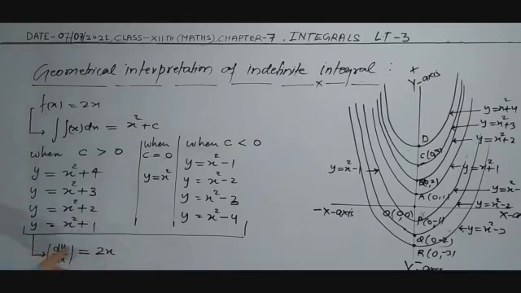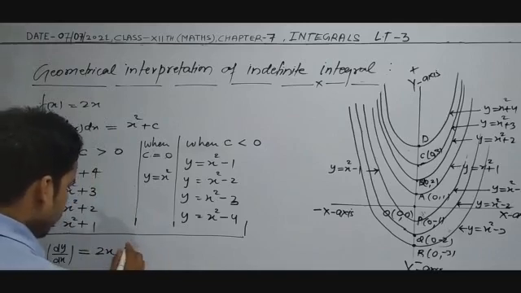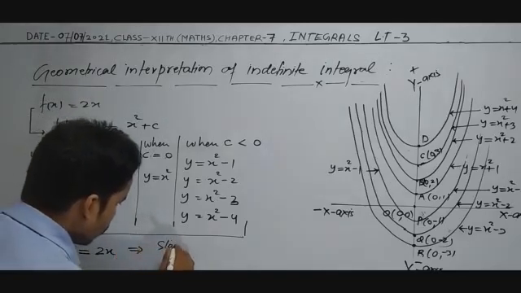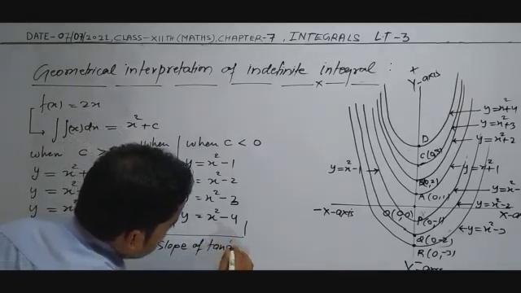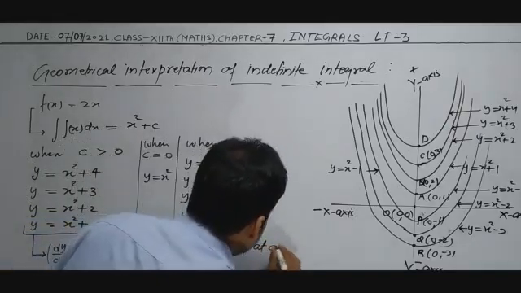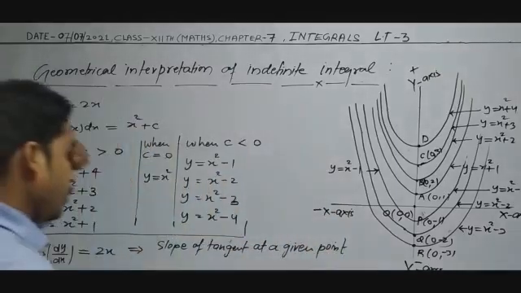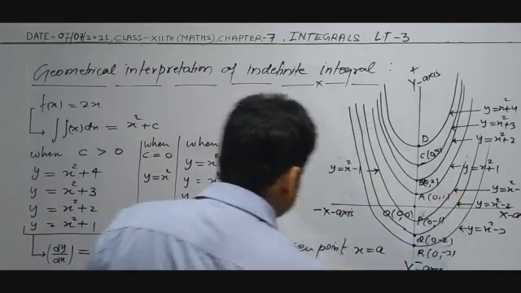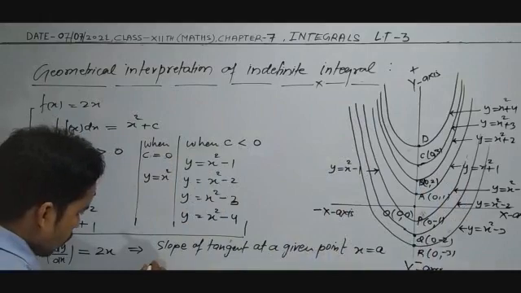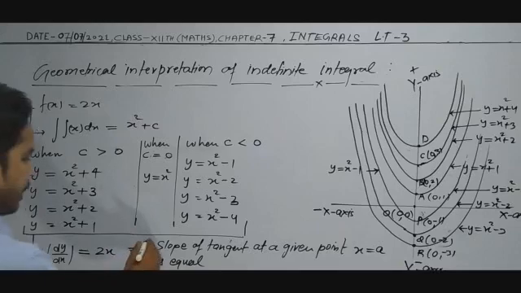dy/dx is the slope of the tangent at a given point. Therefore you can write: the slope of the tangent at a given point, suppose any point x = a.